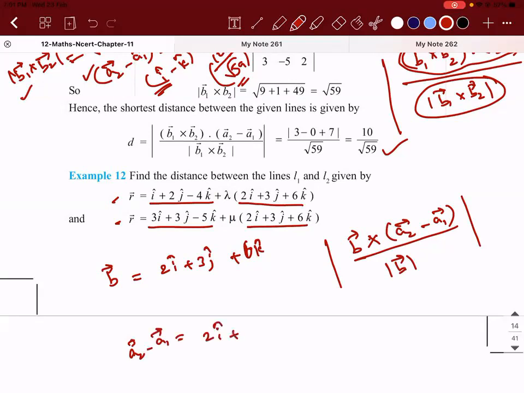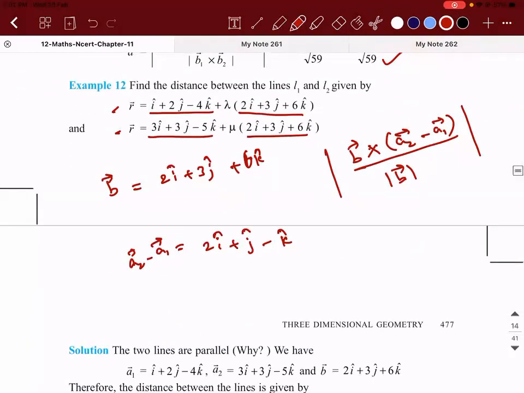2i cap plus j cap minus k cap. Correct? So what is B cross of this thing? So can you do the cross product and tell me what is the answer? It is i j k, 2 3 6, 2 1 minus 1.